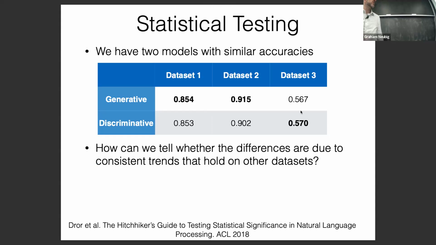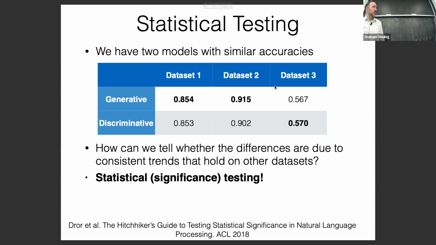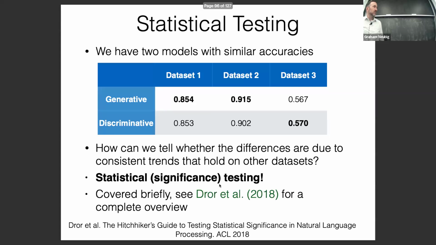The question is, how can we tell if the differences are due to consistent trends that will hold on other data sets, or if they are random noise, due to the fact that data sets vary and models vary? The way we do this is through statistical significance testing.